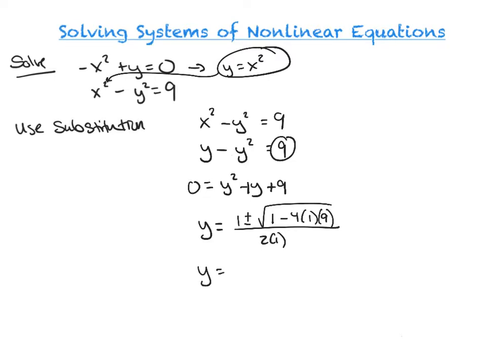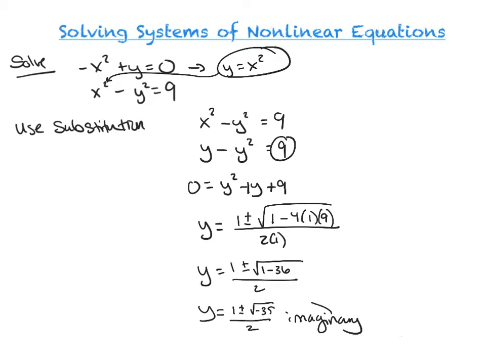So y is equal to 1 plus or minus the square root of -35 all over 2. Which is a problem. We have 1 plus or minus the square root of -35 all over 2, which is imaginary in this part.